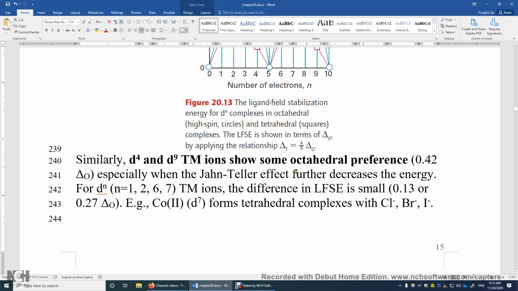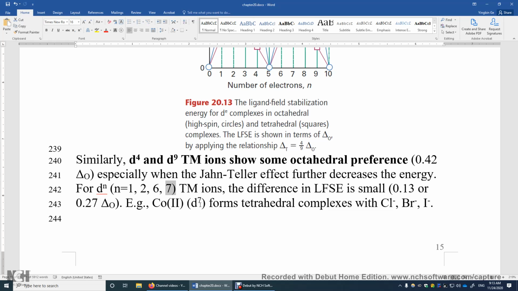Now let me give you an example of high spin cases. If you have a D7 high spin case, the Jahn-Teller effect is minimal. Because if you have high spin D7, that means you first put 5 electrons in 5 different d orbitals, and then you put 2 more electrons in the lower energy triply degenerate T2G orbitals.